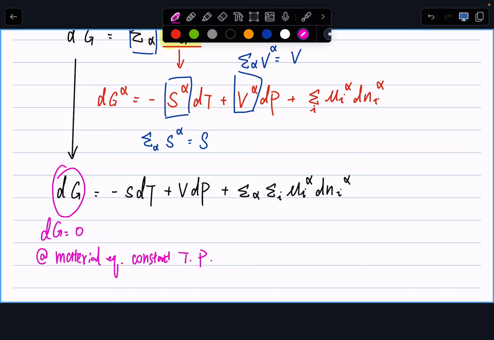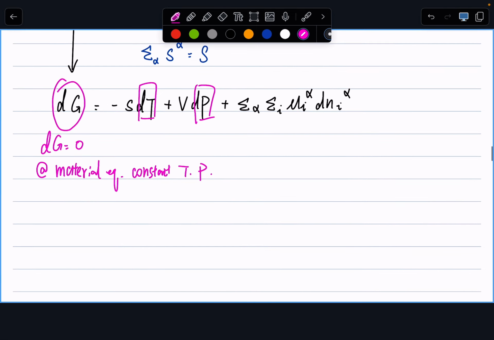What else? We have dT and dP equal to 0 because it's constant temperature and constant pressure. So our conclusion here is that our chemical potential that we have just defined must equal 0 at material equilibrium, closed system, PV work only, thermal and mechanical equilibrium.